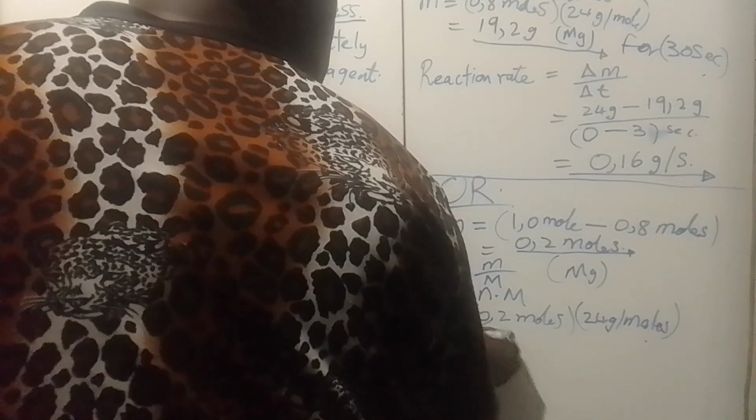We multiply it with 24 grams per mole. When you calculate all that, you're going to get 4.8 grams. This is the mass of the Mg used.